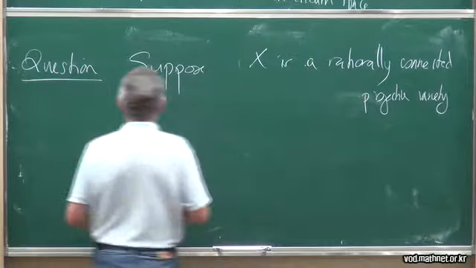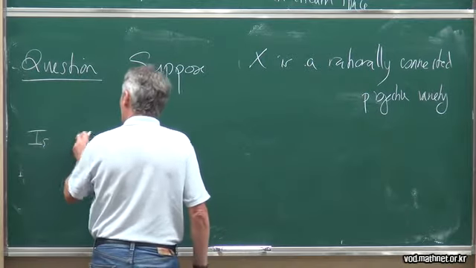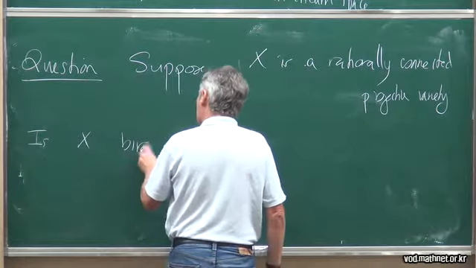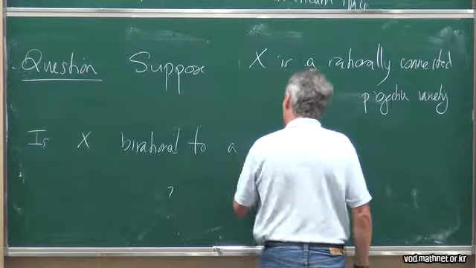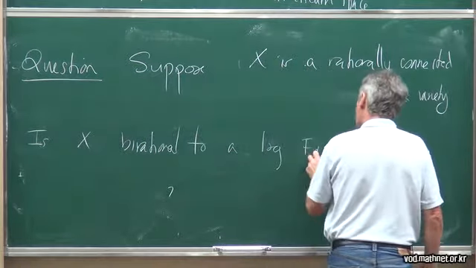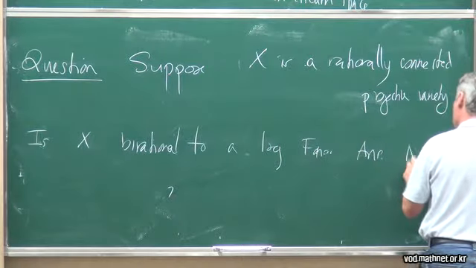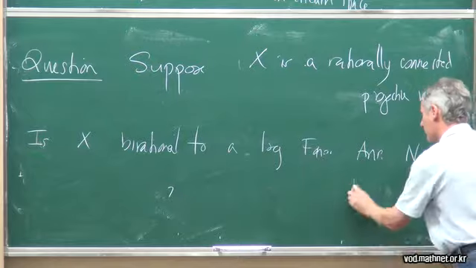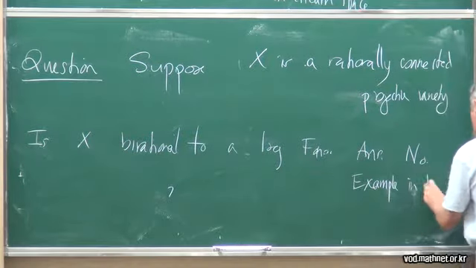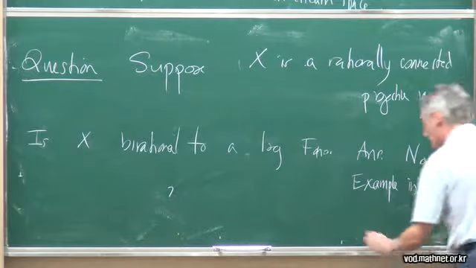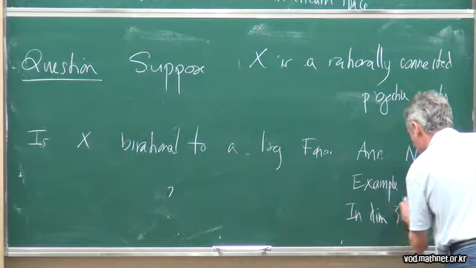So Shokurov asked, is X birational to a log Fano? And unfortunately the answer is no. There are examples in dimension 4, and there might be an example in dimension 3.